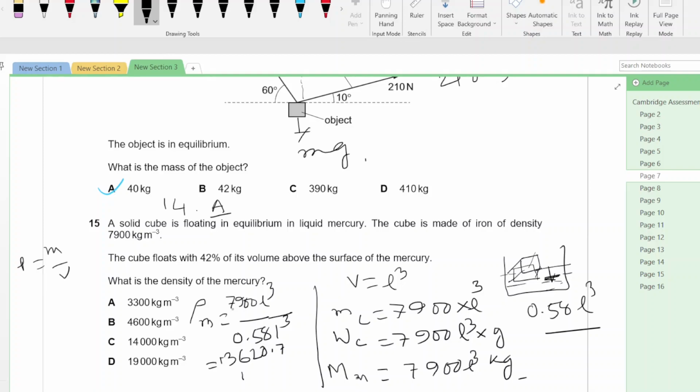To two significant figures, this is 14,000 kg per meter cube, and this is answer C. Therefore, the answer to 15 would be C.